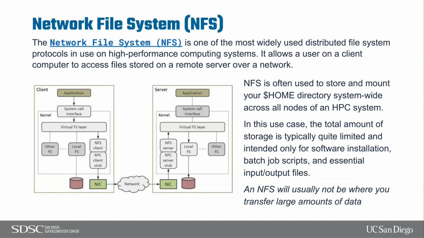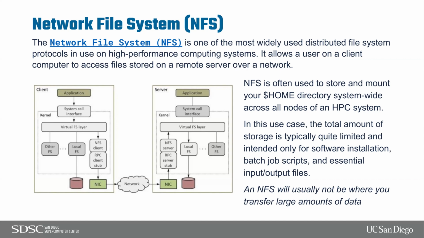The ones that I wanted to point out are more these distributed file systems, like the network file system. This is a way to mount storage from a server onto a client system. For example, all HPC systems have what are usually called login nodes, where you first interact with the system, and when you log into a login node, you're usually dropped into your home directory.